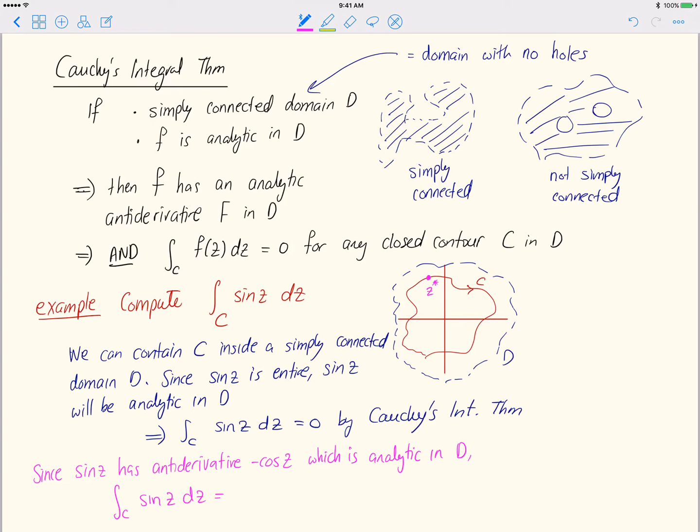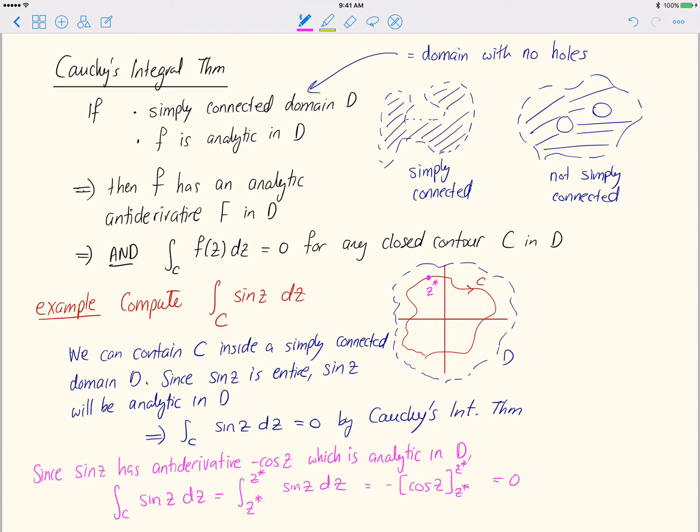Now I can treat Z star, because C is a closed loop, as being the initial point and the terminal point of C. So I can think of the integral along C as being the integral along Z star to Z star. Right? So according to the fundamental theorem, I'm going to get this going from Z star to Z star, and that's obviously going to be 0.